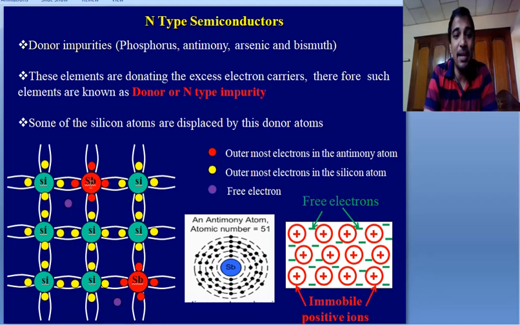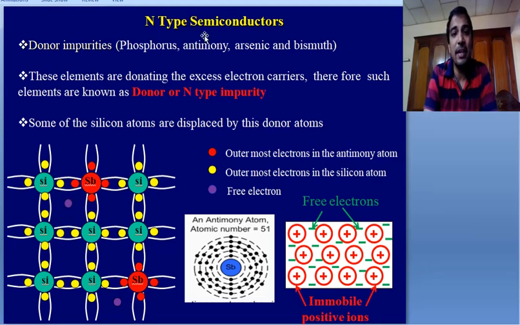See, by adding one antimony atom we are getting one free electron. So if you add doping with a high concentration, a high number of free electrons can be available.